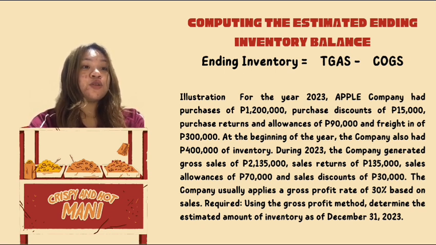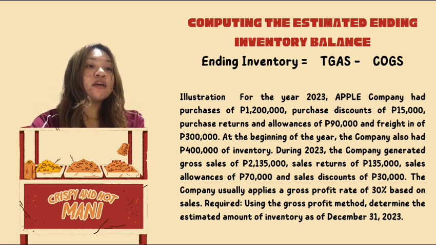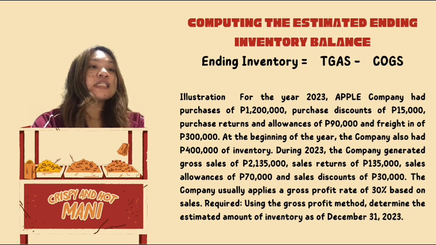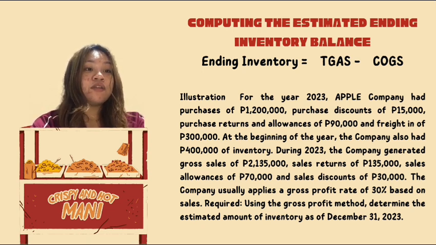Illustration: for the year 2023, Apple Company had purchases of 1,200,000, purchase discount of 15,000, purchase returns and allowances of 90,000, and freight in of 300,000. At the beginning of the year, the company also had 400,000 of inventory.